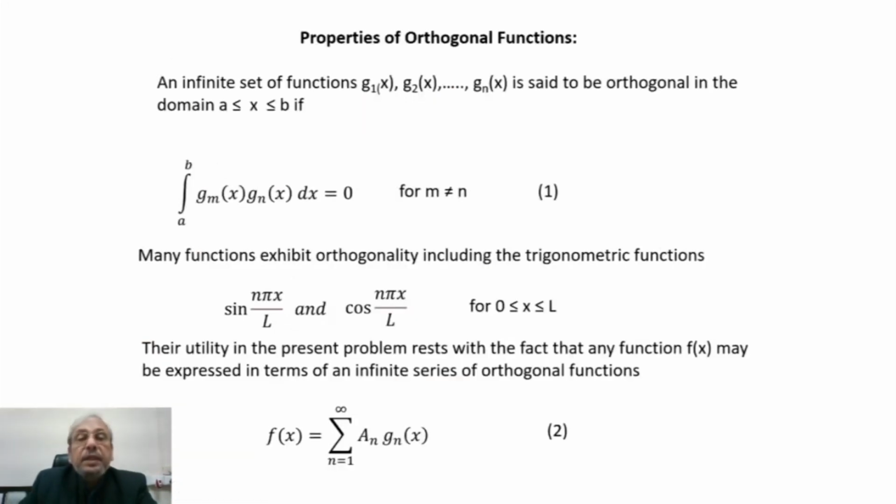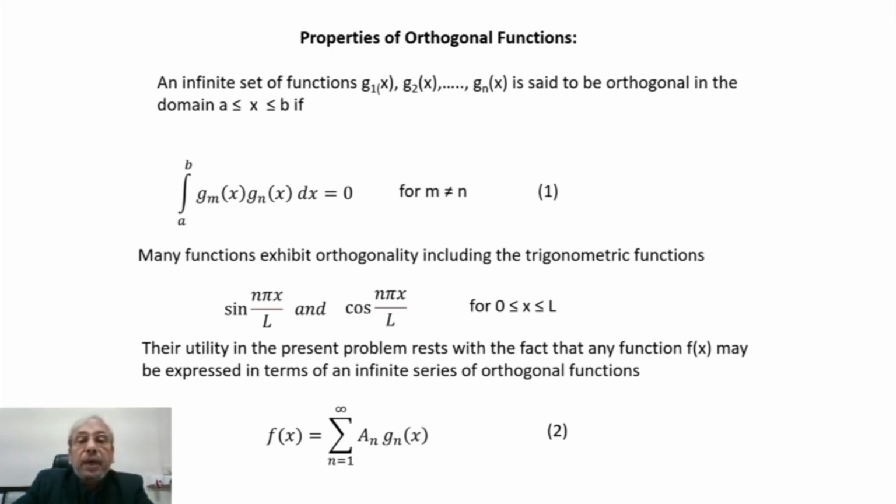Now, in this evaluation or analytical technique, we used basically the properties of orthogonal functions. So let me give a very brief overview of the properties of orthogonal functions.